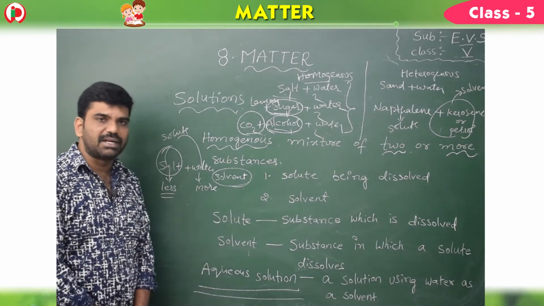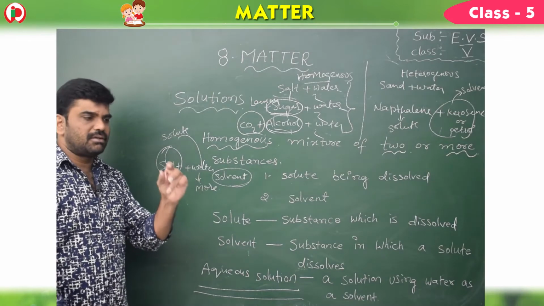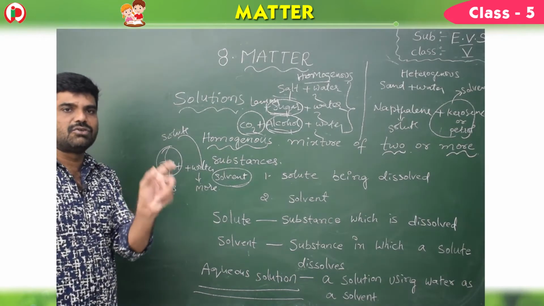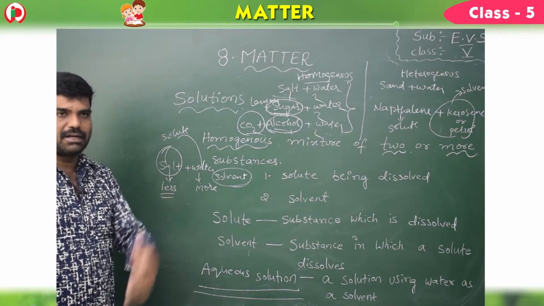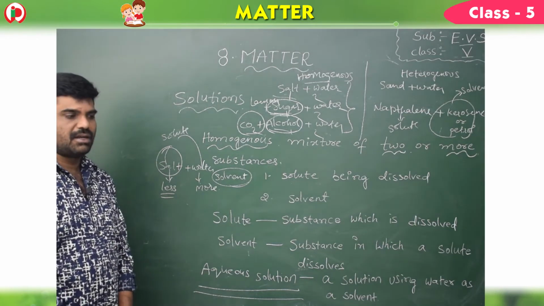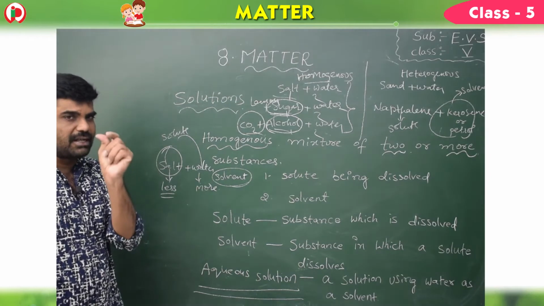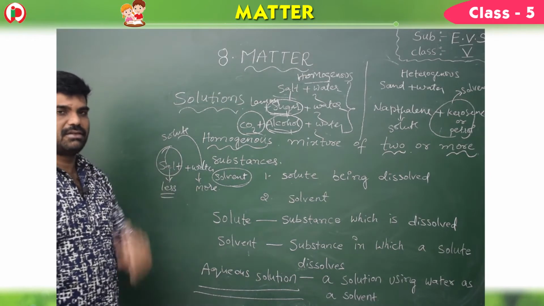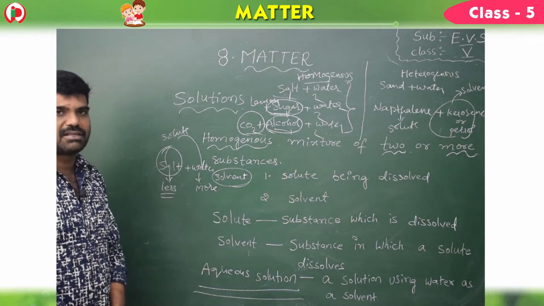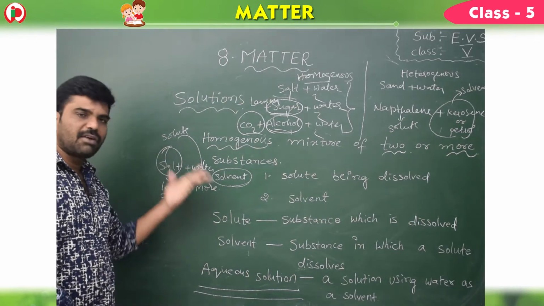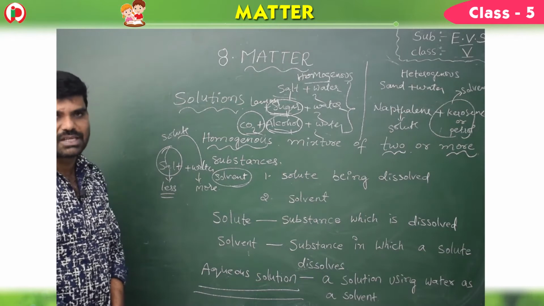Once again I repeat, solute and solvent together become solution. Salt and water gives salt water. Salt is taken less in quantity, which is called solute. Water is taken more in quantity, which is called solvent. And in the maximum number of cases, water is used as a solvent. Why?